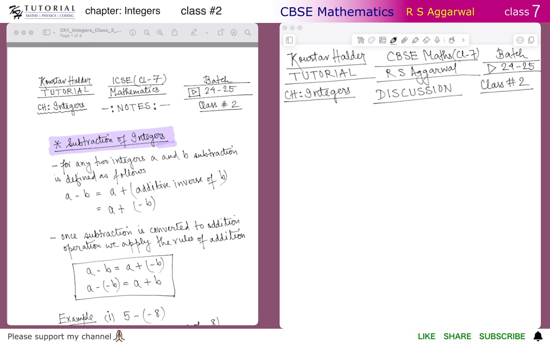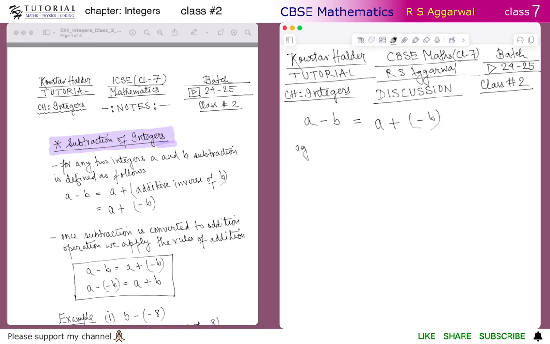So a minus b means we are subtracting the integer b from a. This is equivalent to adding the additive inverse of b to a. That is, we add with a the additive inverse of b. Now what is the additive inverse of b? It is minus b.